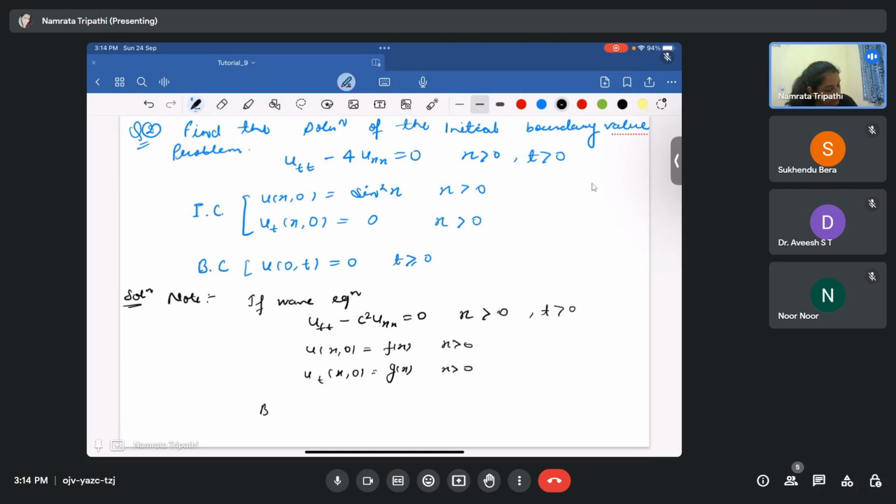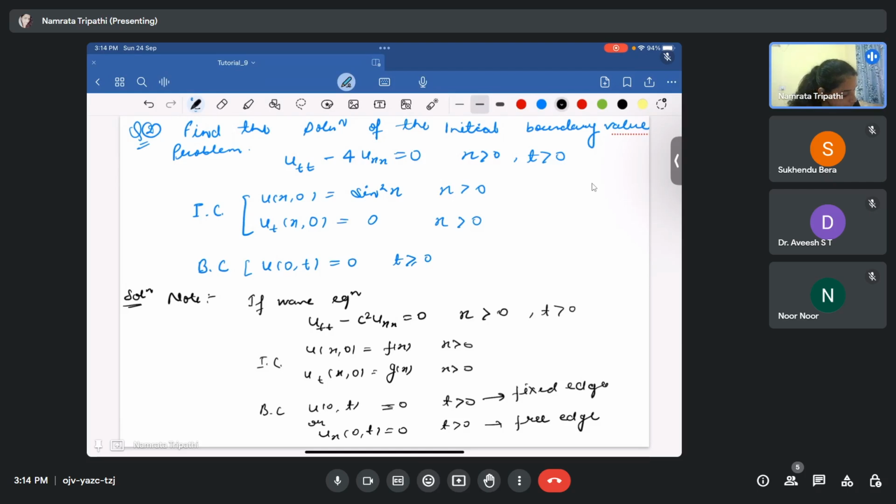What is the boundary condition? It is u(0,t) for t greater than 0, or you can say u_x(0,t). The difference is that this is a fixed edge and this is a free edge. Fine.